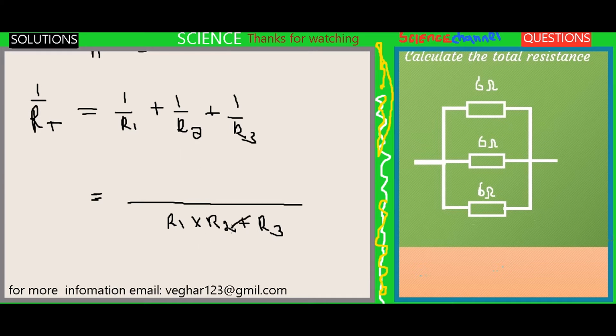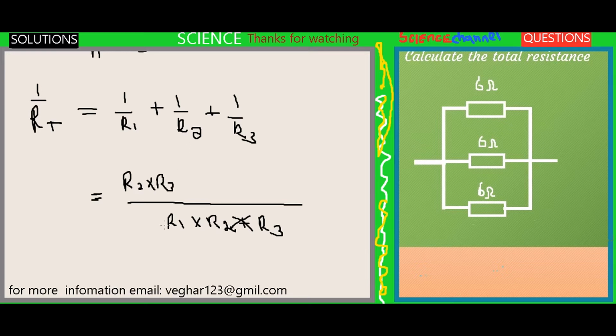So when you multiply, you take the whole thing and multiply by this one. This R1 will cancel this R1, so we have something like R2 multiplied by R3.